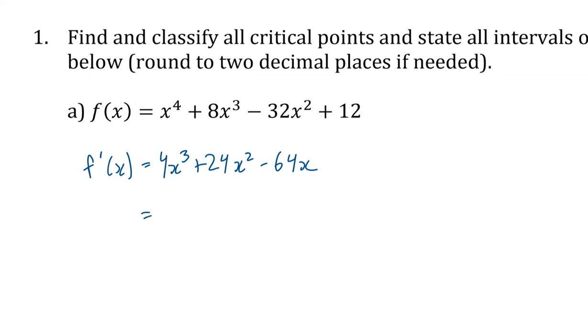Because if we're going to determine where it is equal to 0 and where it does not exist, we want it to be fully simplified, fully factored. That's what we spent so much time on in the previous unit, learning how to simplify fully and what that means, so that we can do this process. So it looks like there's a common factor of 4x, which is nice. And then it factors further.